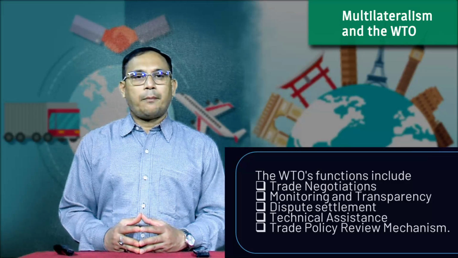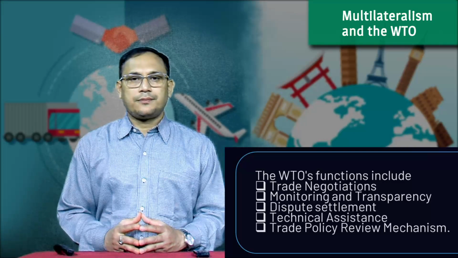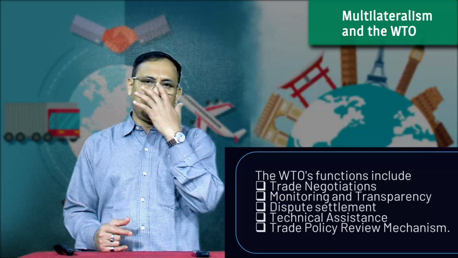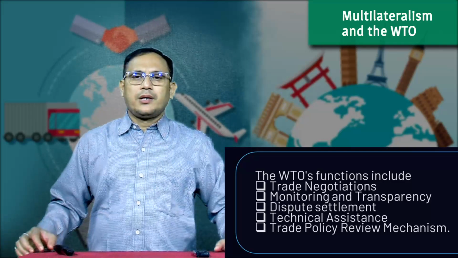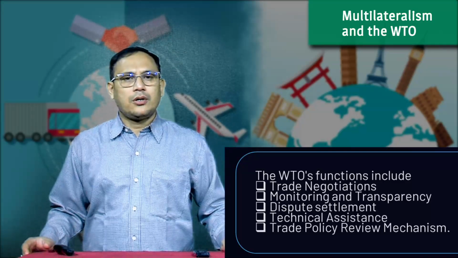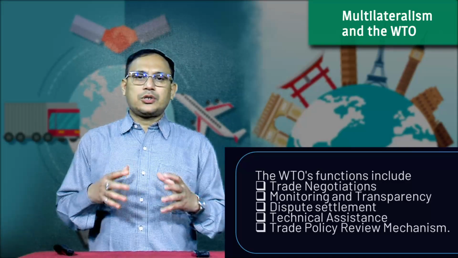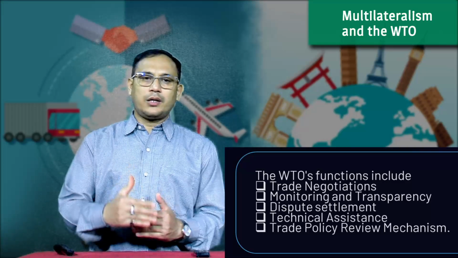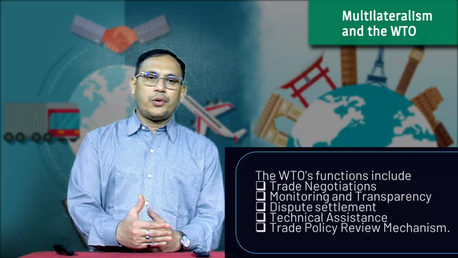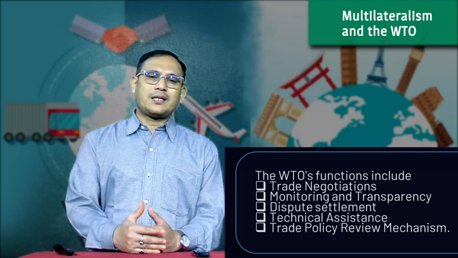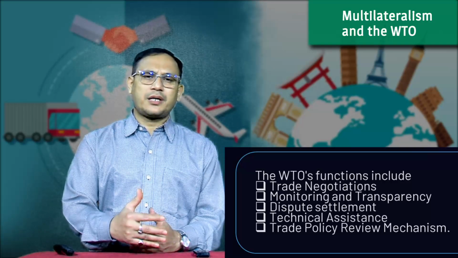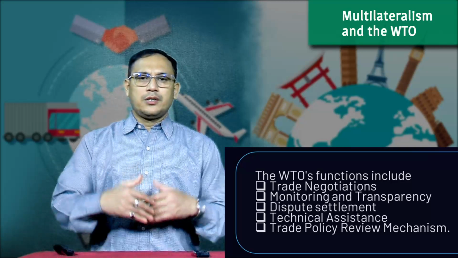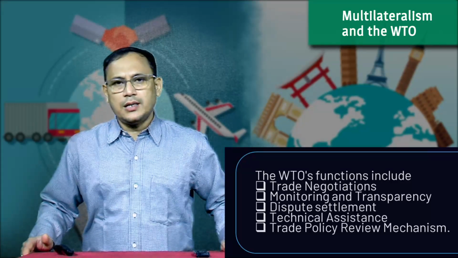Next, monitoring and transparency. The World Trade Organization, or WTO, monitors trade policies to ensure compliance with its rules. It is the responsibility of the World Trade Organization to ensure that the countries involved in international trade comply with the rules framed for the smooth functioning of international trade.